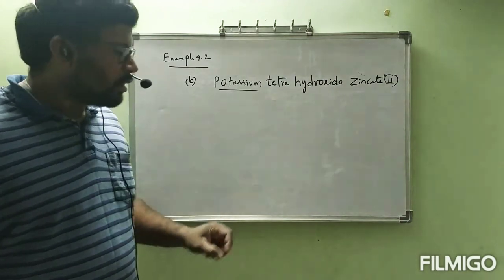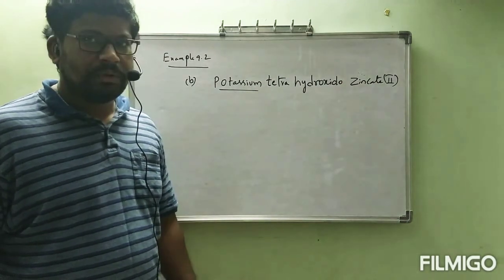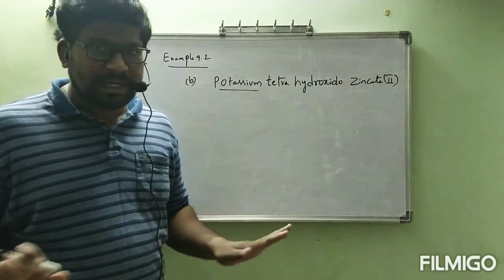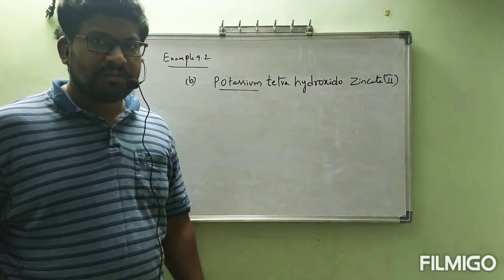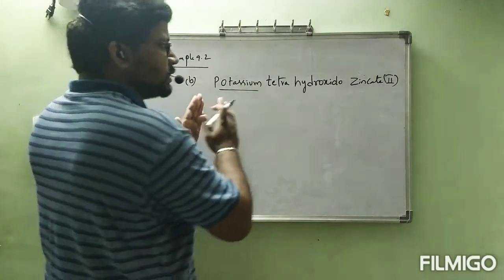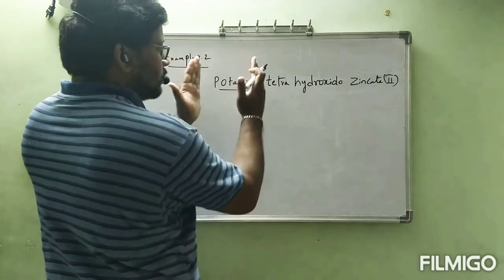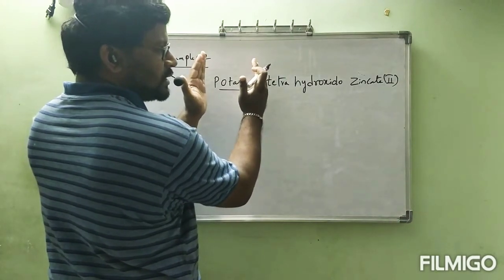Let us see first: potassium tetrahydroxido zincate(II). No need to be tensed, it is simple. First we have to identify which is the counter ion. This is the total name. First part, what is it, metal or complex?